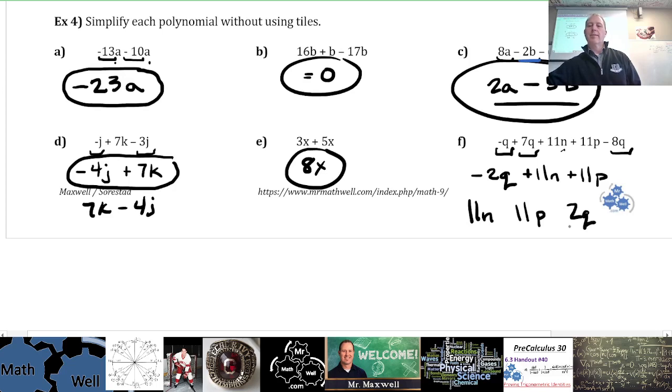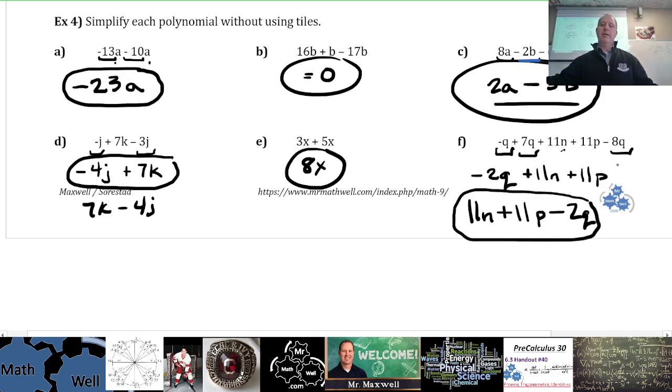Look at that. 11N plus, I'll go slow so I don't overwhelm the computer, plus 11P minus 2Q. Don't disappear on me. So alphabetically, again, I'm not going to mark you wrong if you don't write it alphabetically, but if you're wondering if there's a way, technically there is a way to do that properly. The N would go first.